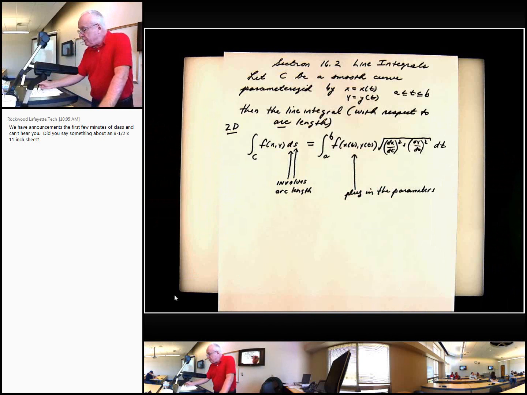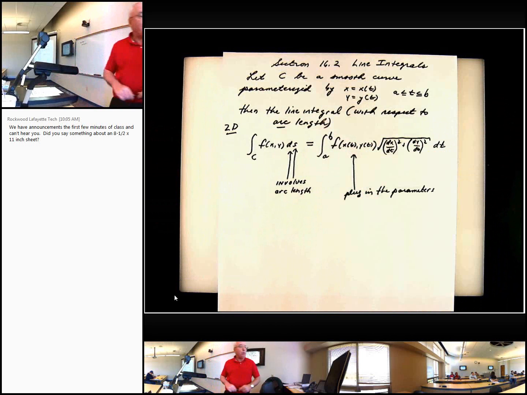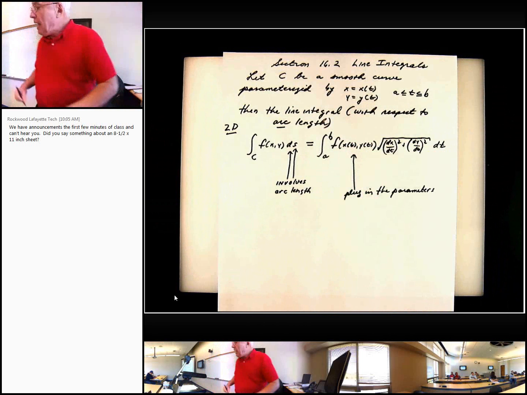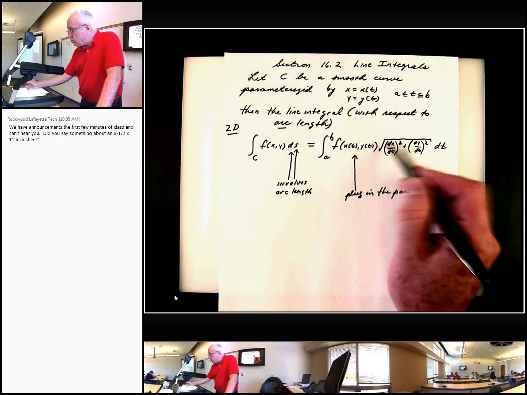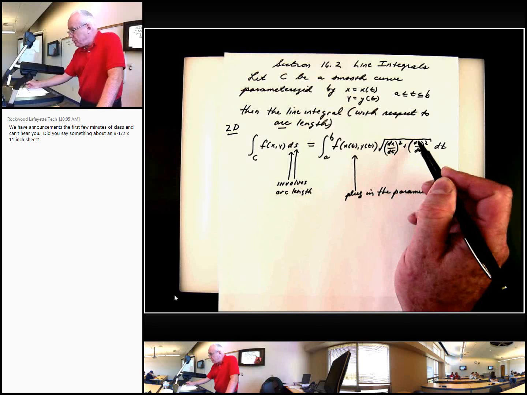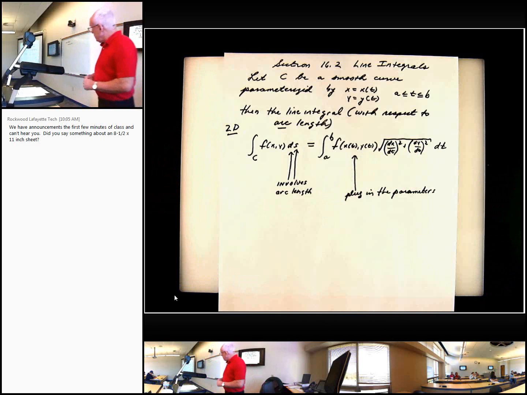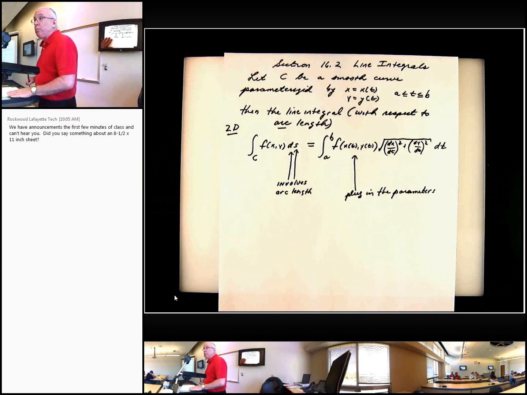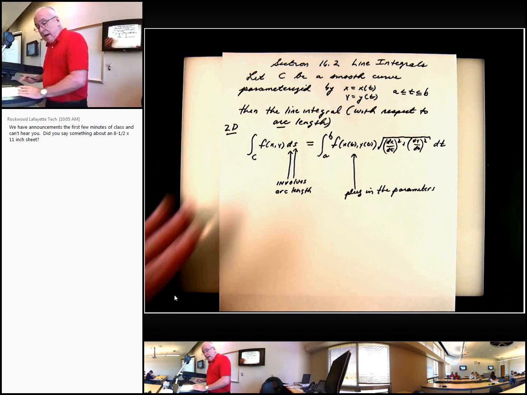Our limits of integration are now the lower and top number for our parameter, a to b. Then we multiply by the square root of (dx/dt) squared plus (dy/dt) squared, and we do the integral with respect to t, the parameter. So that's what we have to do in order to figure out these line integrals.